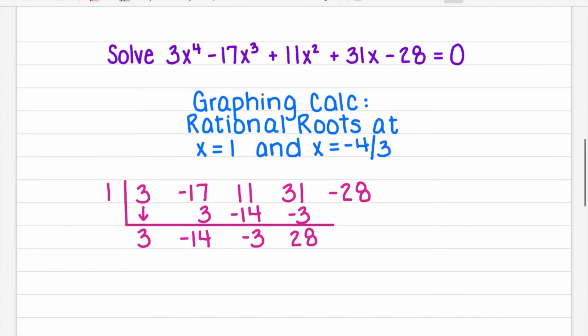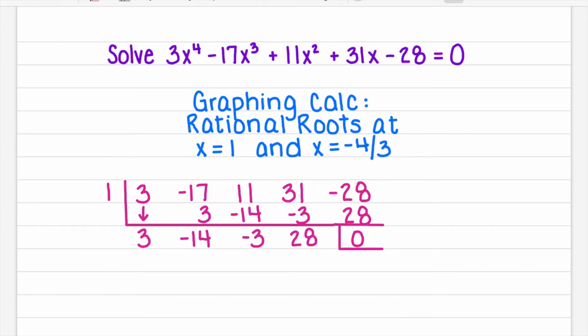And then 1 times 28 is 28. And when we add straight down, we get a 0, which means that we were correct that 1 is a root and that x minus 1 is a factor of the polynomial.